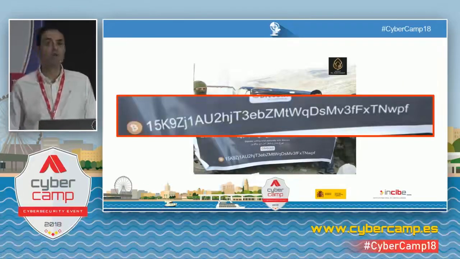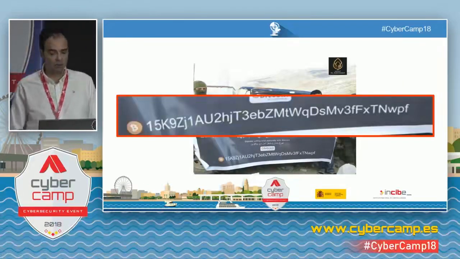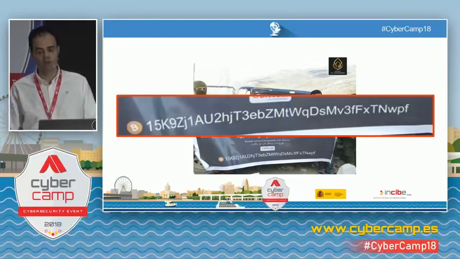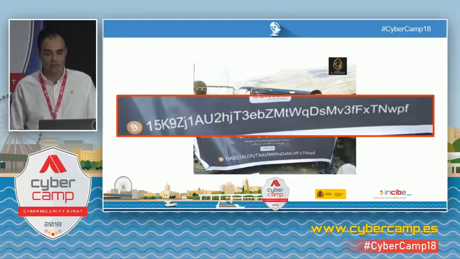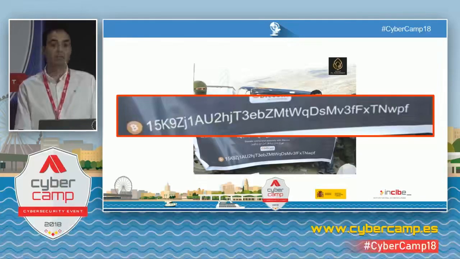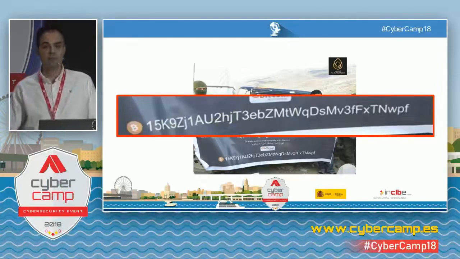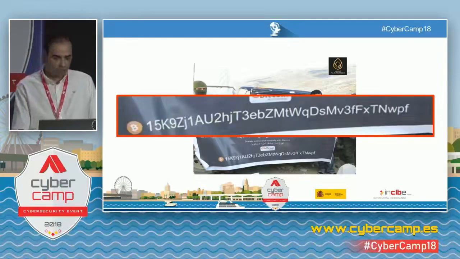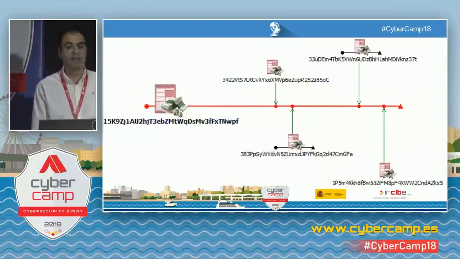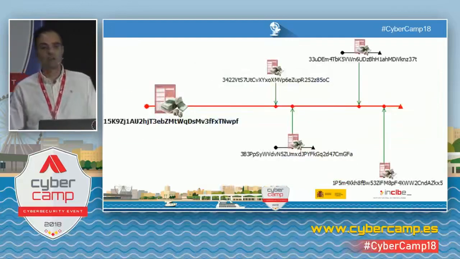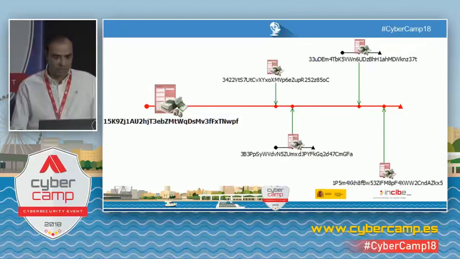They've also posted Bitcoin addresses, not usual, but sometimes they do publish them in order to try and get some funding. As you know, Bitcoin is traceable, and with that what we do is learn that account, where it gets the money from, what other accounts are feeding it.